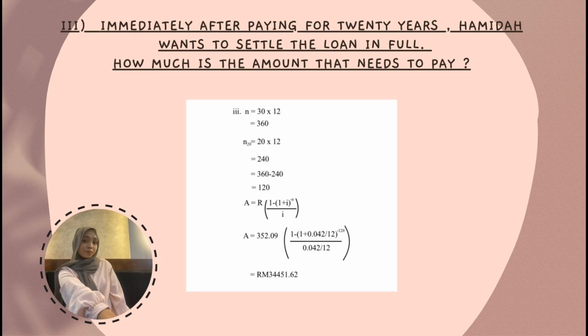We also use the formula A equals R[1 minus (1 plus i) to the power of negative n] divided by i. 352.09[1 minus (1 plus 0.042 divided by 12) to the negative 120] divided by 0.042 divided by 12 equals 34451.62 ringgit.